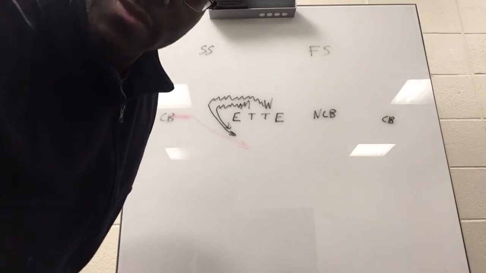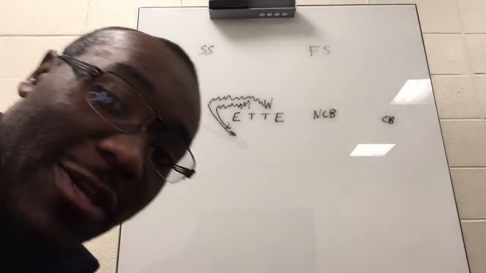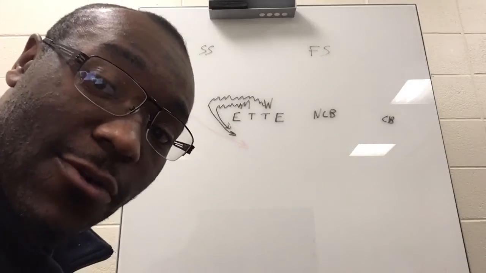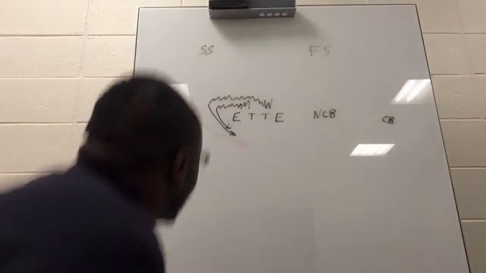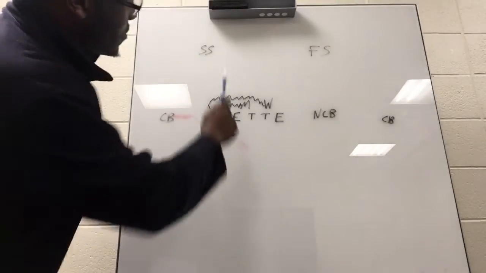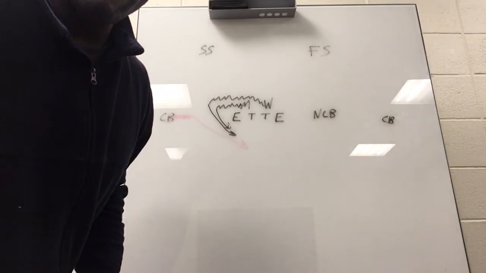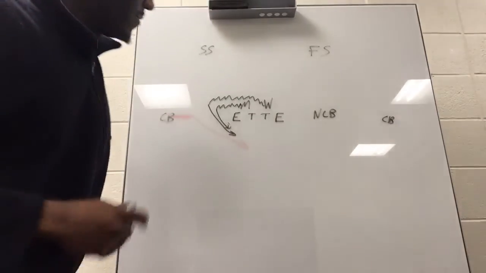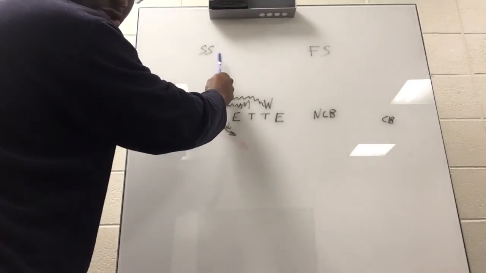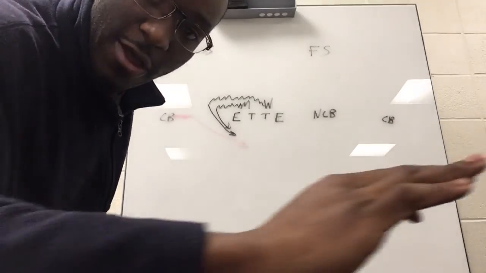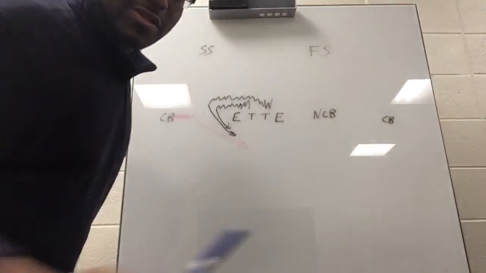Now, let's talk about pre-snap motion in order to get into a better angle for certain types of zone coverages. See what the strong safety is doing. Let's say I did a free safety blitz off this angle right here, and I wanted the strong safety to come across to the other side of the field and cover the vacancy left by the free safety.